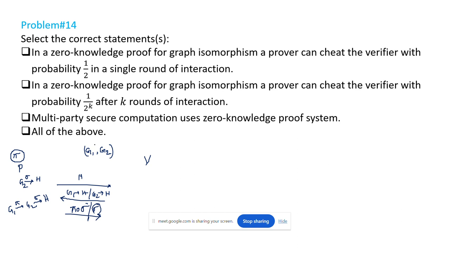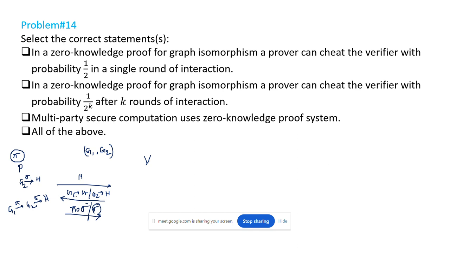So the isomorphism between G1 and G2 is still not known to the verifier, but the verifier is convinced with probability half that the prover indeed has access to the correct mapping pi. Because if it does not have the correct mapping and the verifier just queries for the mapping G2 to H, it will still be able to return sigma, since sigma is a random mapping independent of pi and known to the prover.